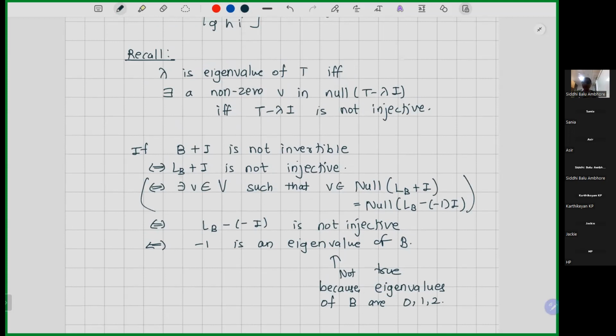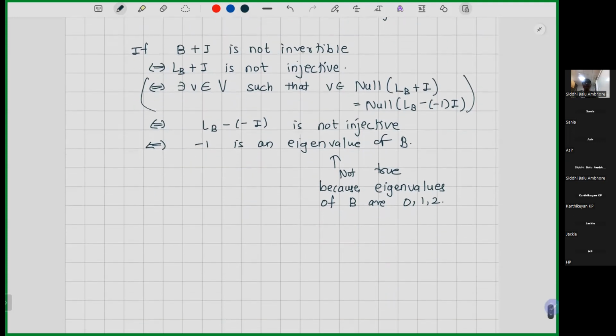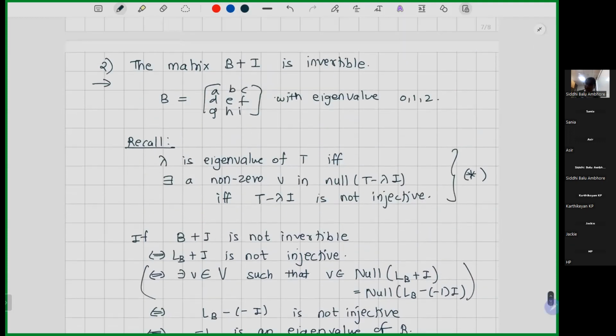From here itself, we could have written that L_B plus I is L_B minus (-1) I, and this is not injective, so minus 1 is an eigenvalue of B using this statement here. And so minus 1 becomes an eigenvalue of B, but that is not true because the eigenvalues of B are 0, 1, 2. Okay. Is it clear now? Therefore this statement is true.